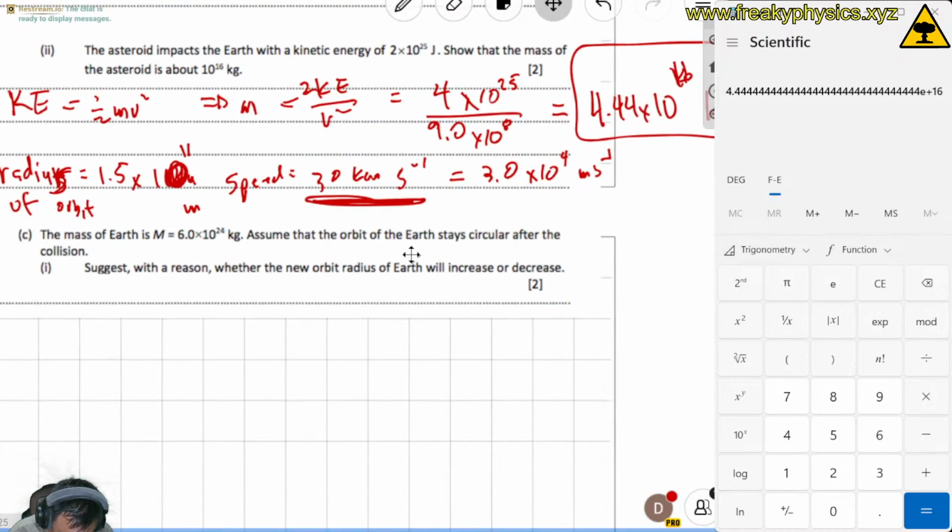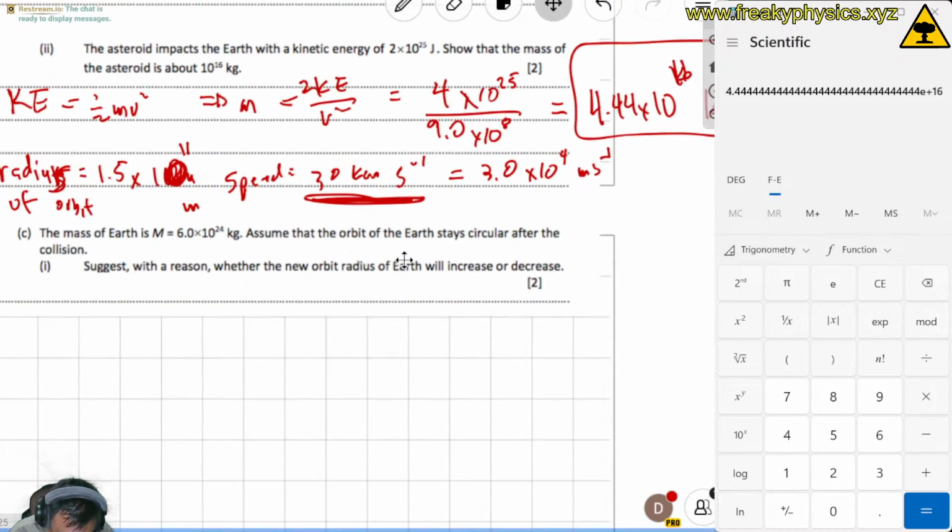Then the last one here. The mass of the Earth is given here. Do we need to go through this one? I think so. Yeah, can we go through it? All right. Okay, I was wrong. It's 10 to the 24, but still a much more massive mass for the Earth, right?